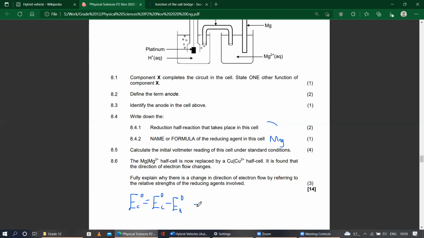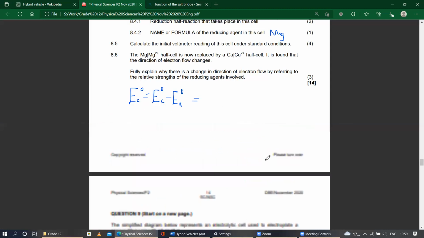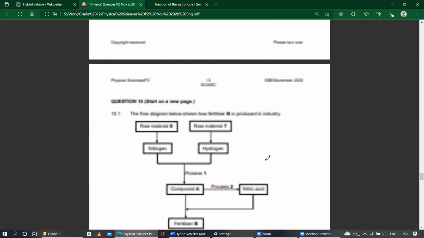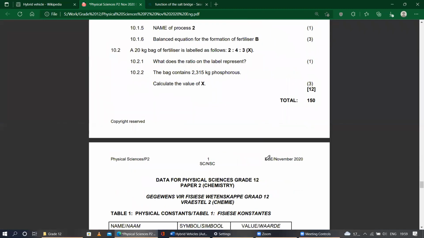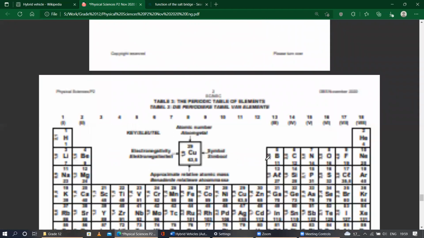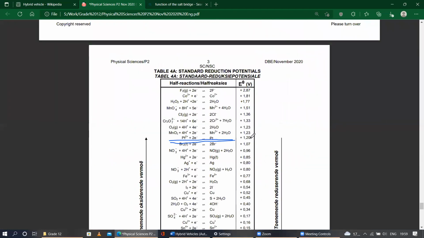First we're going to check the one for platinum, which is positive 1.2.